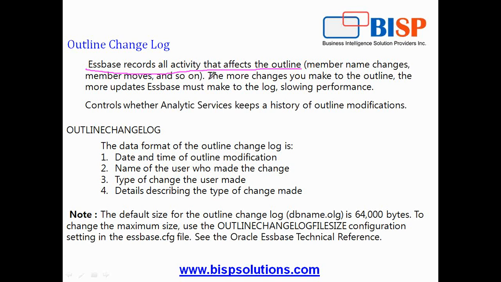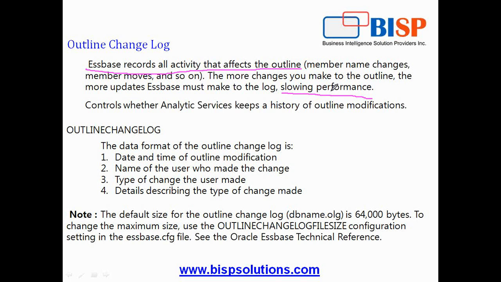But there's a negative impact also of enabling the outline change log file. It slows down your performance, because every time you make changes in an outline, the changes are recorded into your outline change log file with the extension OLG. So before you decide whether you need to enable and use this log file, you need to also consider the performance related parameters.